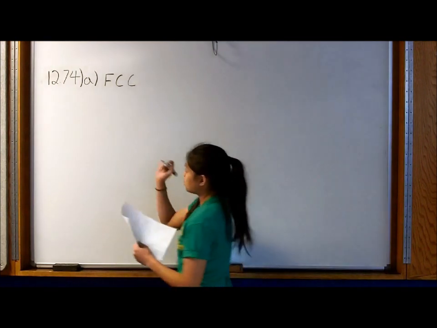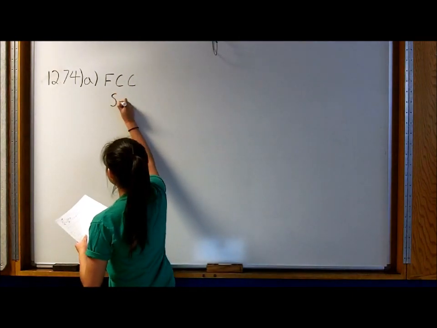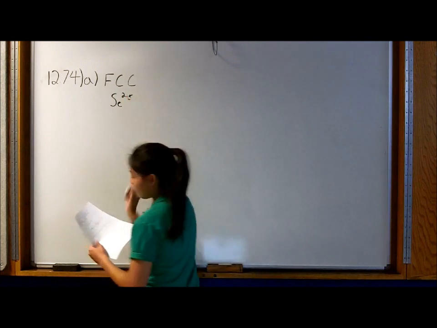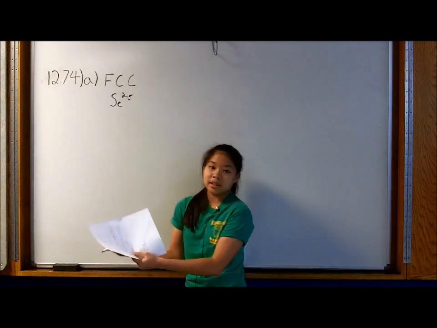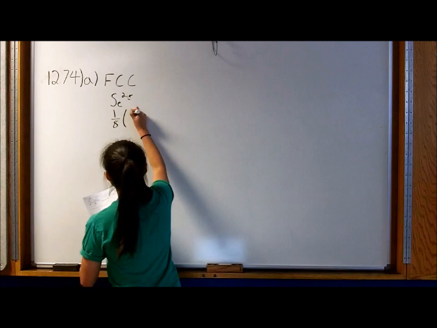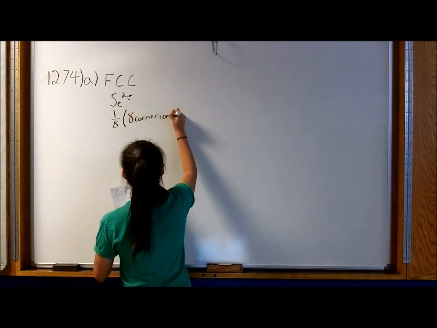So to find the amount of ions for selenium, there are 8 corners, and in each corner it's only 1/8 of an ion. So you first do 1/8 multiplied by 8 corner ions.